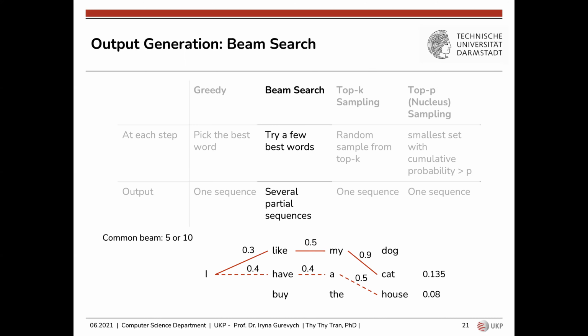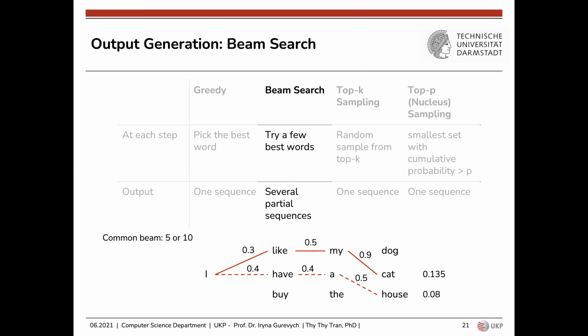So beam search reduces the risk by keeping track of n best candidates at each time step, producing several sequences at the end. The n best candidates at each time step is called beam size. We commonly use 5 or 10. So at the end, the sequence with the highest probability is selected.